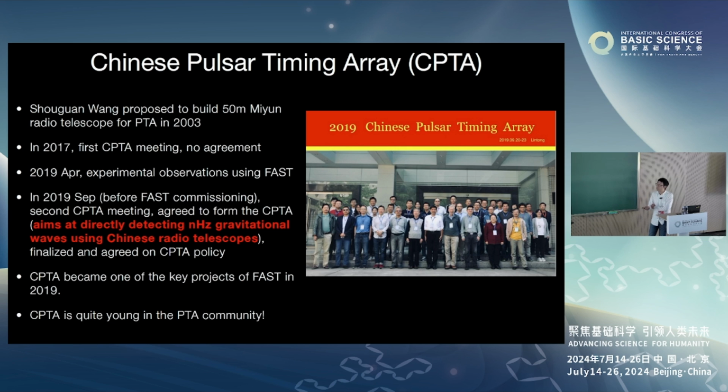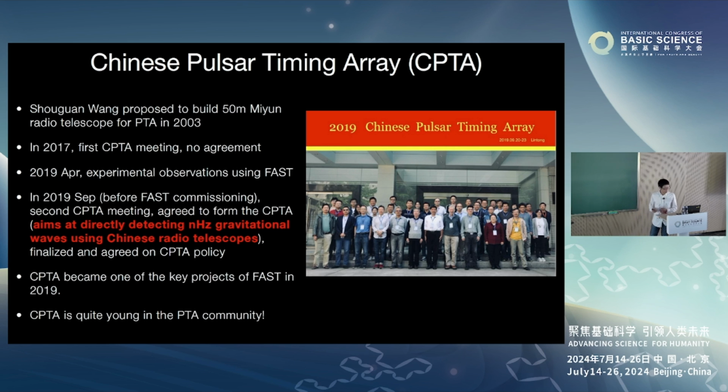Several months later, at Xi'an, we had the second CPTA meeting, and we all agreed to form the CPTA collaboration. CPTA aims at directly detecting nanohertz gravitational waves using radio telescopes within China.